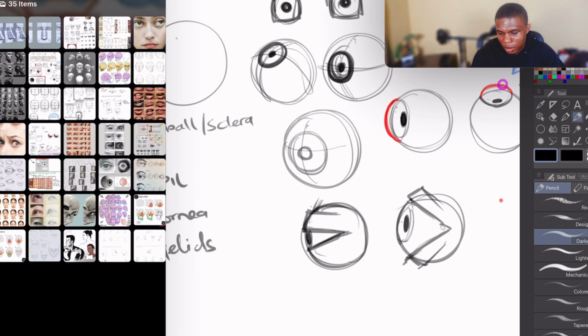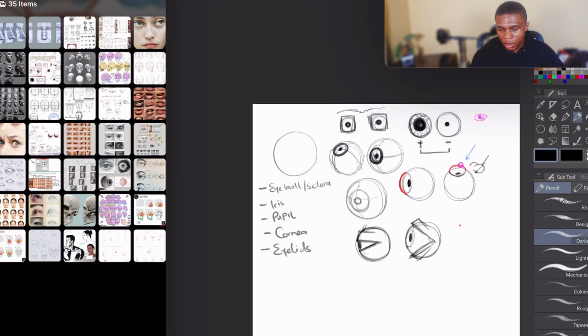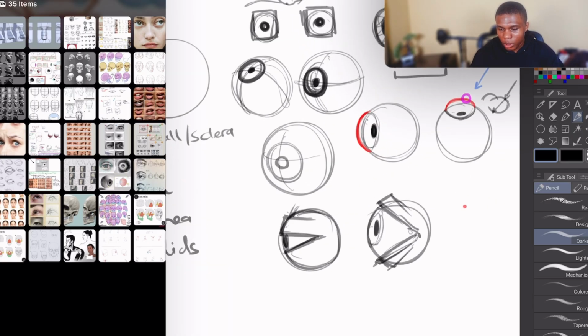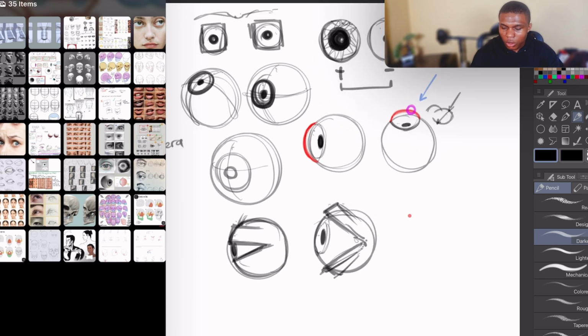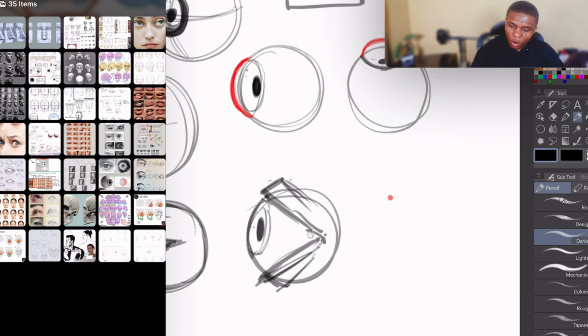They open and close, and they have planes. What that means is that they're a 3D object, obviously, and you should draw them as such. So they are the upper and lower eyelids. Let's say this is our eyeball, our iris, our pupil, and you want to apply the eyelid on this.